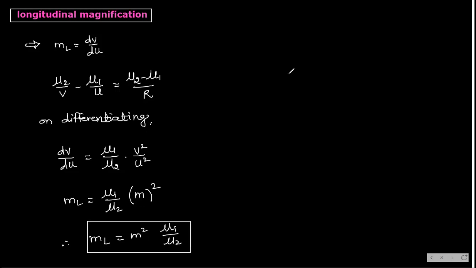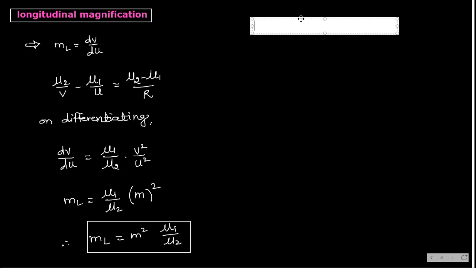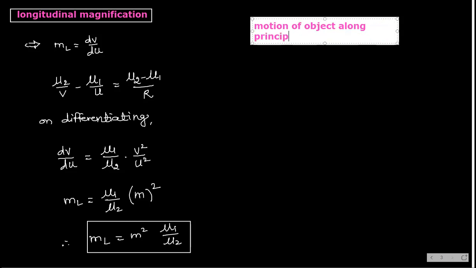Okay, right? Next one, motion of object along principal axis, same like mirror. In case of refraction through curved surfaces, motion of object along principal axis. So this also I am giving direct formula now. Already in mirror I have derived this, so no need here. Motion of object along principal axis, already I have derived one, so no need to derive again.